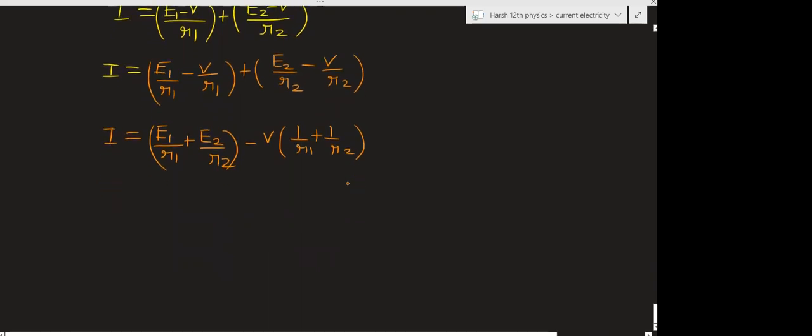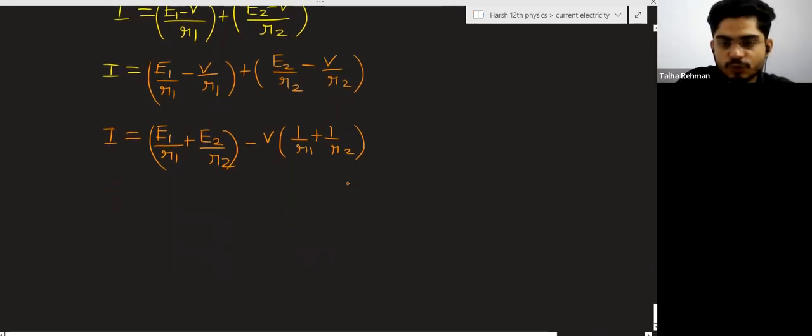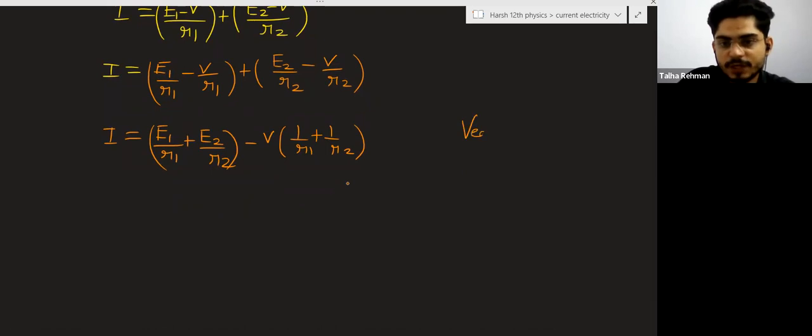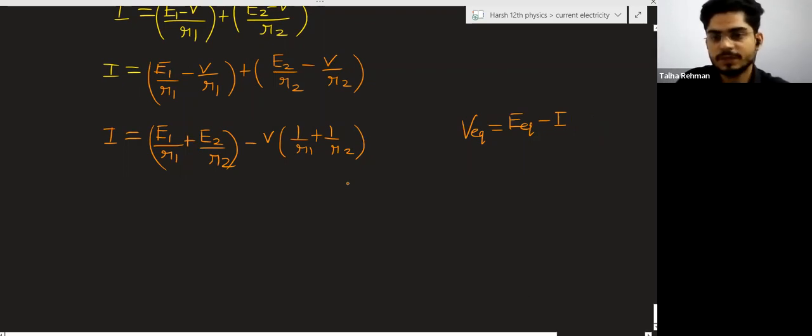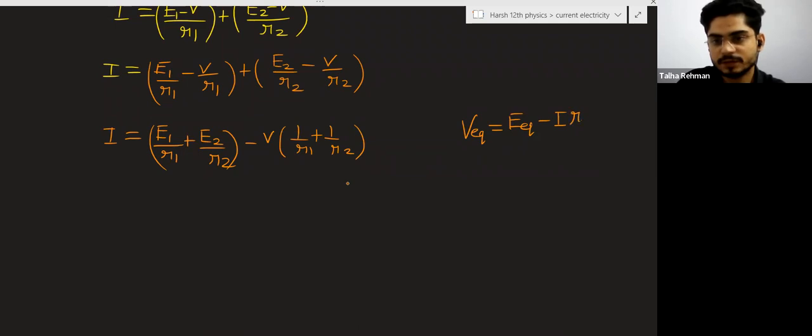Now what I want to write is V equivalent is equal to E equivalent minus I into r equivalent, small r equivalent. In this form I want to write.